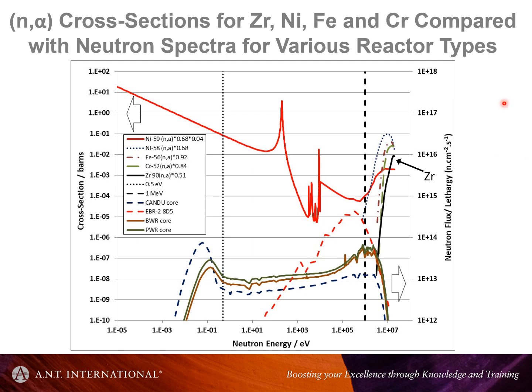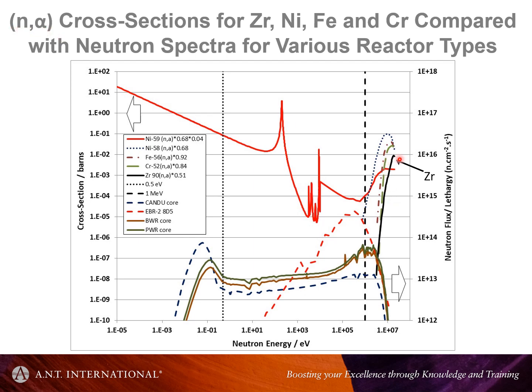I touched on helium production by the N-alpha cross-section. Alpha is a helium nucleus. And so it's worthwhile pointing out one other thing, which is interesting for zirconium. Although zirconium was selected because of its low N-gamma cross-section, it's also fortuitous that zirconium has, for most of the energy range, for most reactors, basically zero N-alpha reaction probability.